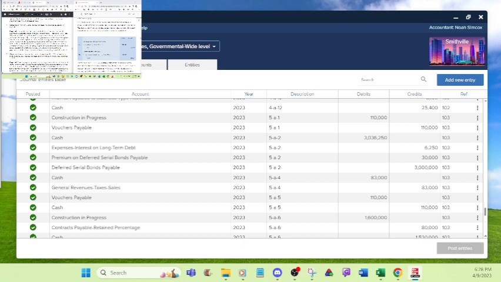Less amortization of the premium. What? Well, they told you the amortization of the premium.